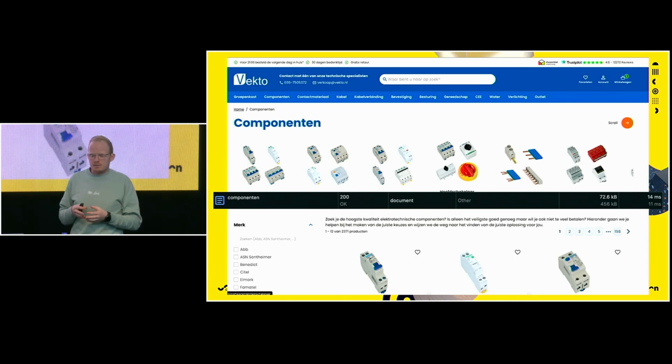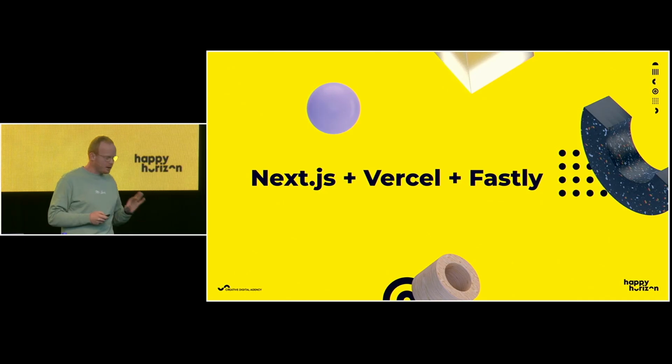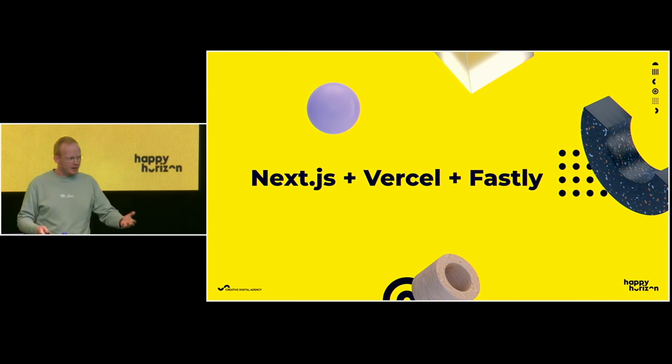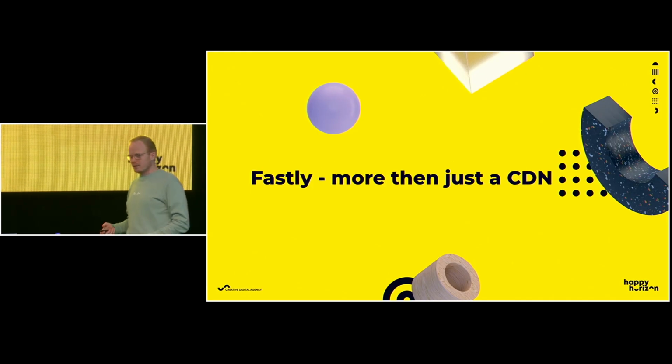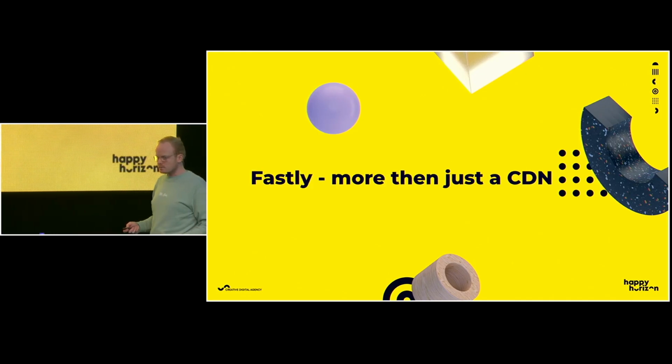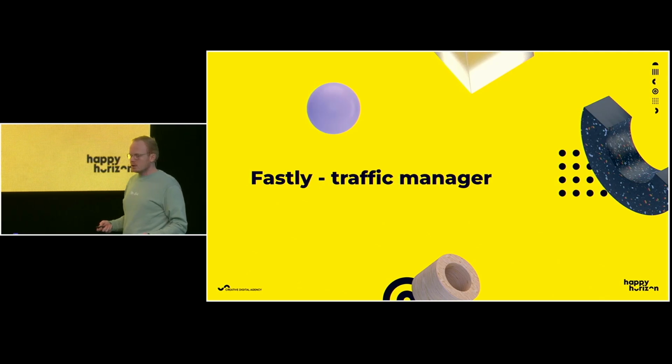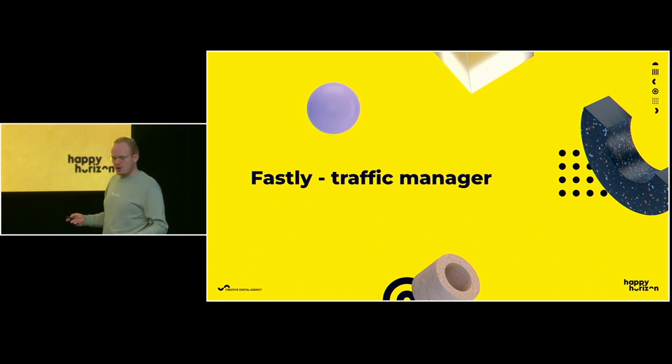Their cache is inside the Node application, which gives a big delay. Here I do something differently. Here I added Fastly. Fastly is more than just a CDN. It's a cache layer. It's a proxy. You can do anything. You can say it's like a traffic manager that can even cache something.